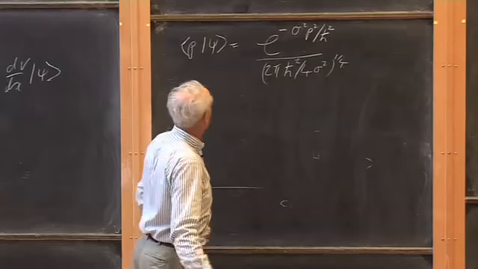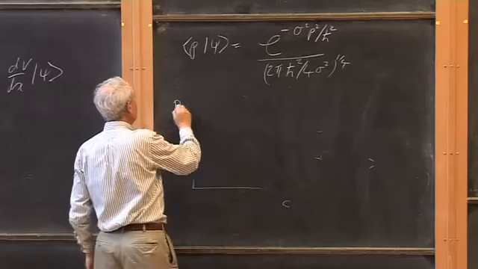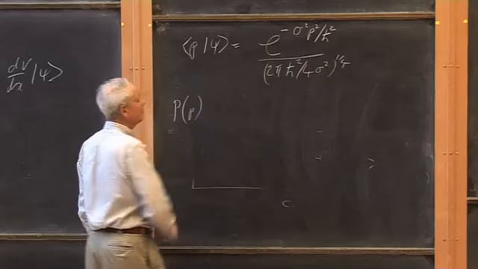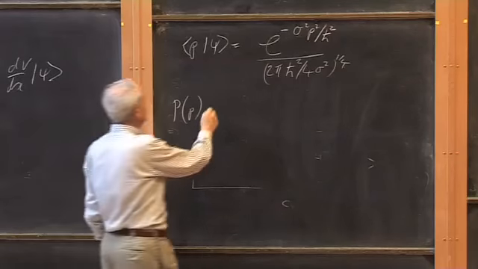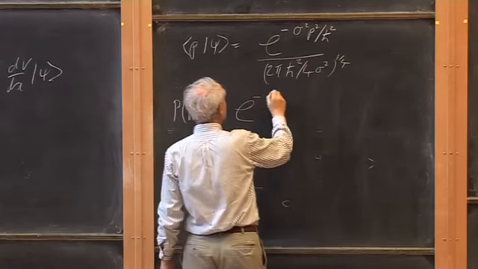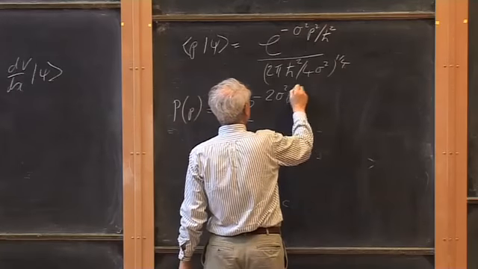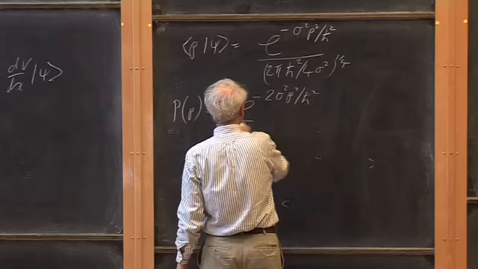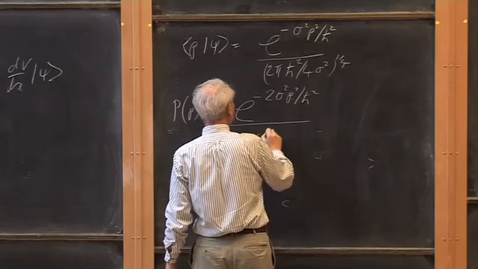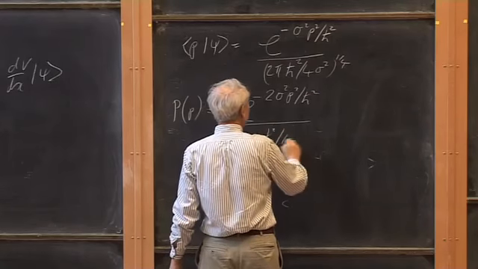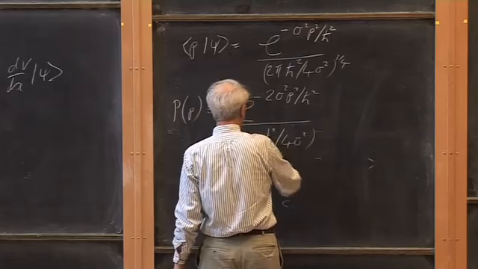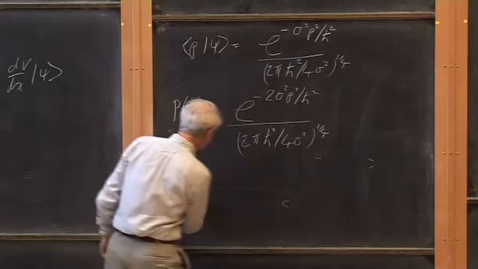If we square this up, we get the probability of measuring various momenta, which is e to the minus 2 sigma squared p squared over h bar squared, over 2 pi h bar squared over 4 sigma squared, to the quarter.